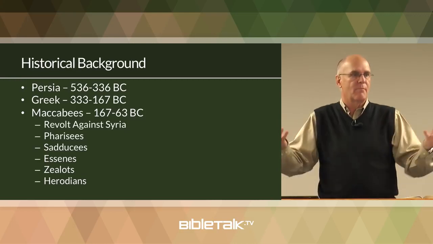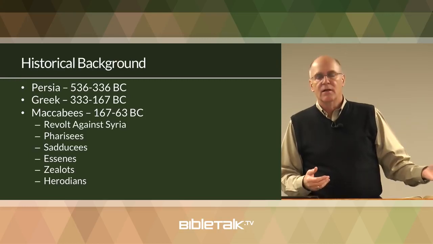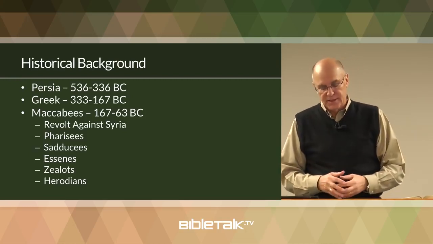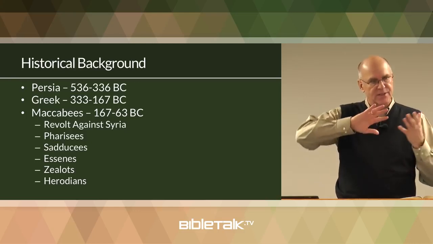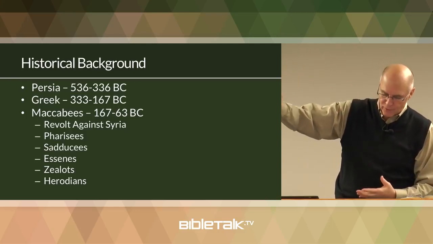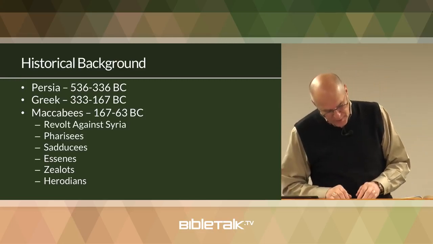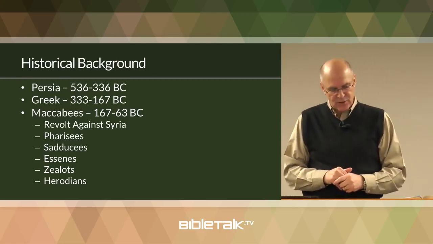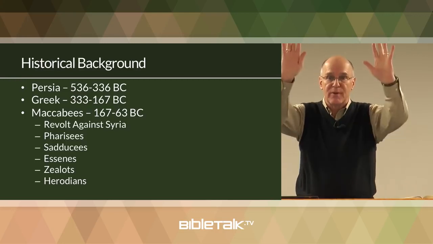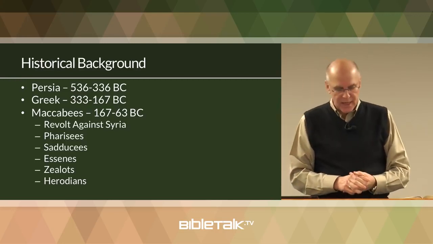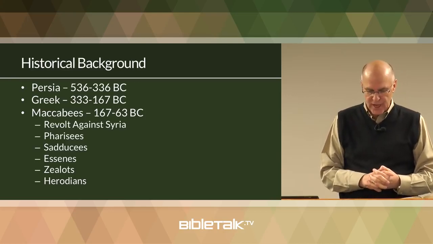The people rose up. And the Maccabees, that family, led that insurrection, led that revolt. Also, there was a revolt against the Greek language and Greek influence. So the Jews enjoyed a brief period of independence from 167 to 135 BC. The revolt succeeded in pushing back the Syrian king and the Syrian influence during their time.